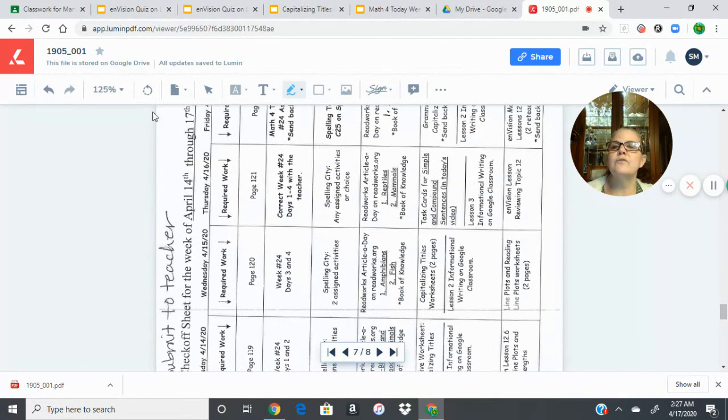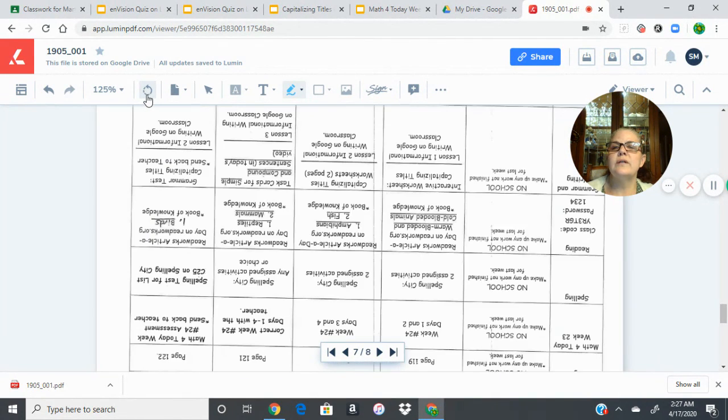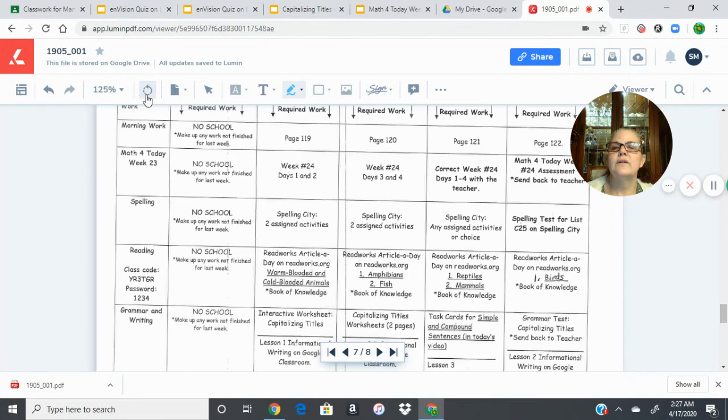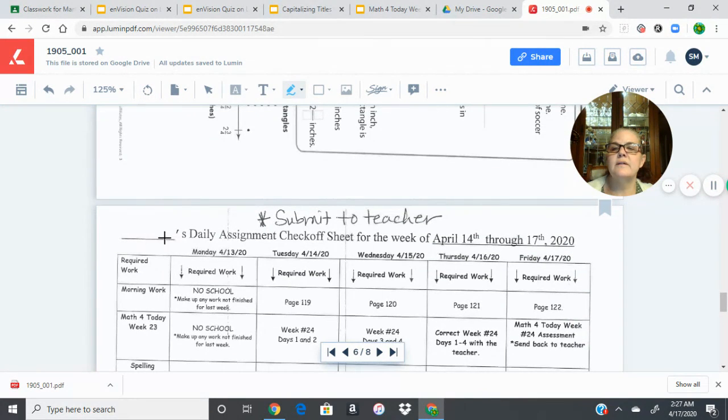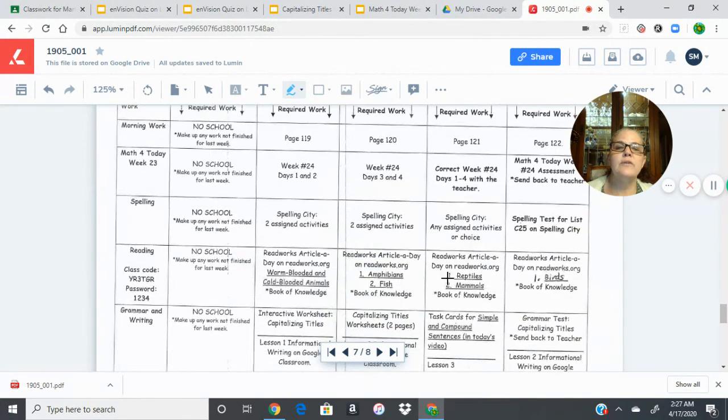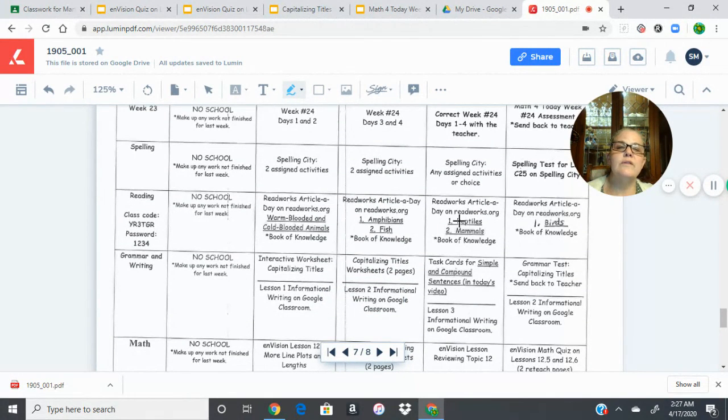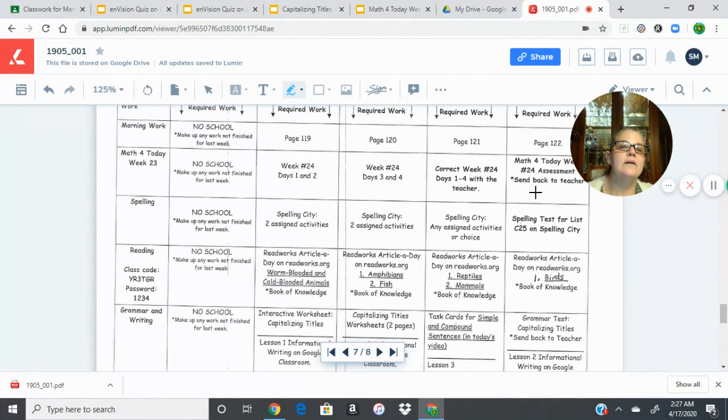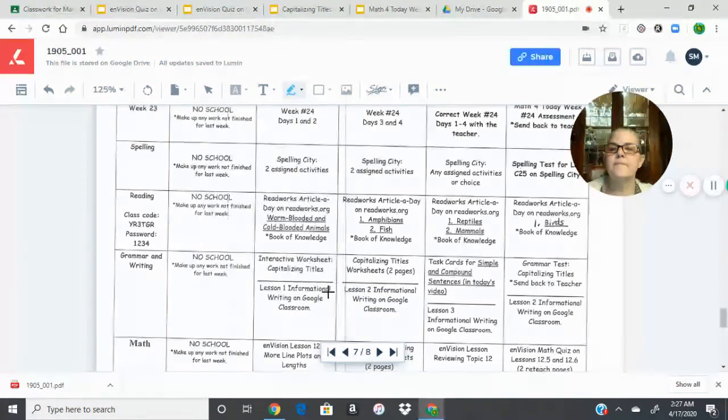All right, and then don't forget to include your name at the top here and then crossing off what you got done. So we need to have all of these articles read. We need to have all of our Spelling City done and our spelling test. We need to have our morning work done and our Math for Today test.